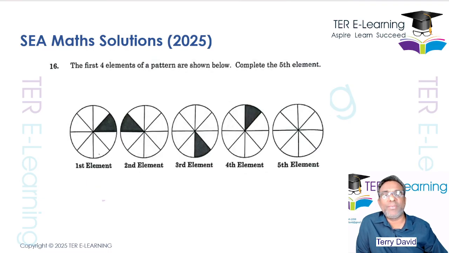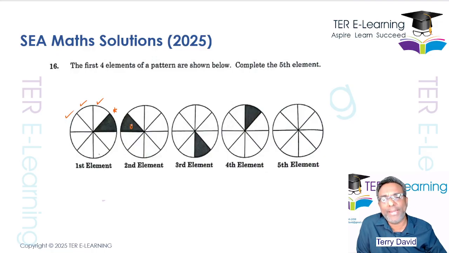Question 16, we have the first 4 elements of a pattern shown below. Complete the 5th element. So this is your starting position here. And then in the second diagram, you realize you've moved 1, 2, 3 spaces or 3 positions in an anti-clockwise direction. So 3 positions anti-clockwise.